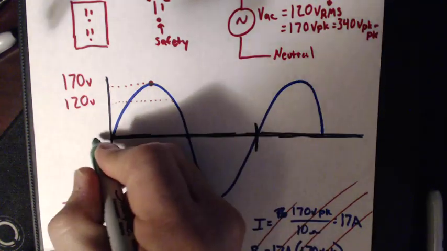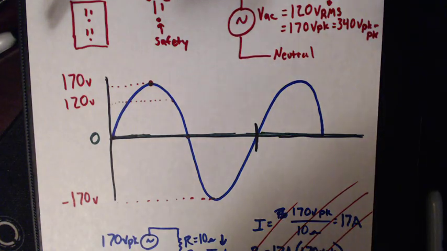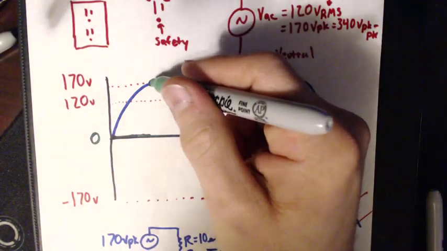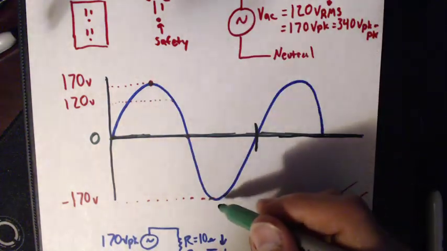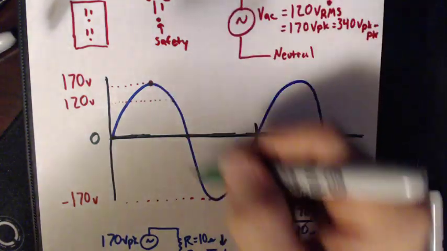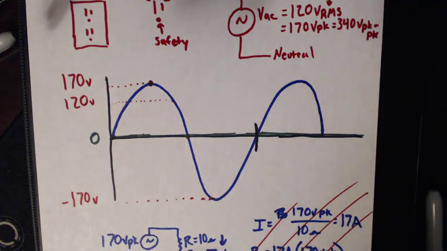It's 0. Okay, that's our problem. The average of a sine wave is always 0, assuming that we go up to the maximum as much as we go down to the minimum. As long as these two values are the same, the average is always 0, which kind of sucks.